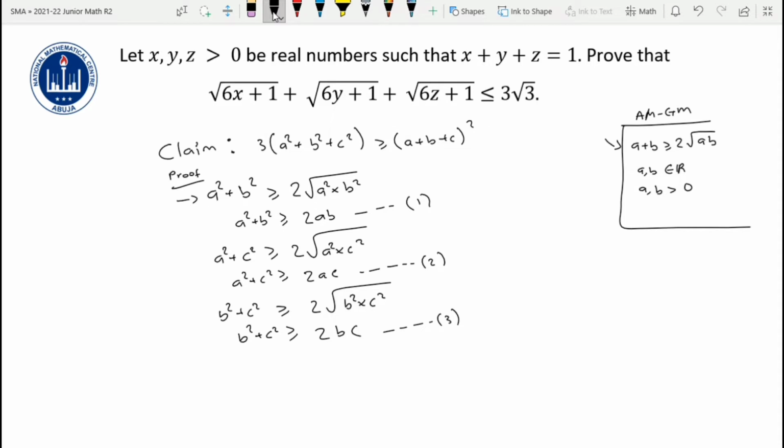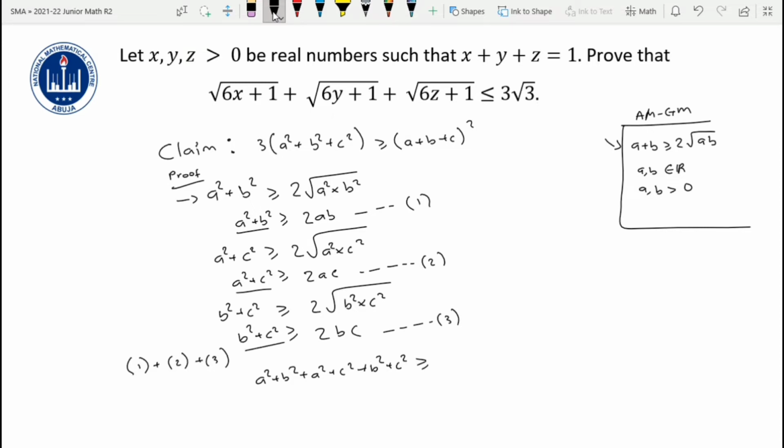So when we add the three inequalities that we've gotten so far, on the left hand side from 1 we have a squared plus b squared, from 2 we have a squared plus c squared, and from 3 we have b squared plus c squared.